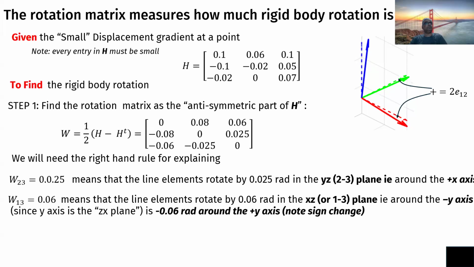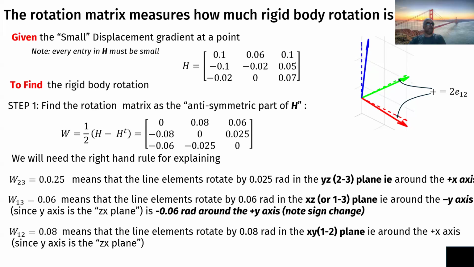W13 equal to 0.06 means that the line elements rotate 0.06 radians in the XZ plane. In W13, X is 1, Z is 3. But XZ, if you look at it, is a negative y-axis. So if you want to look around the positive y-axis, it is minus 0.06 radians. So you have to be careful about the sign.